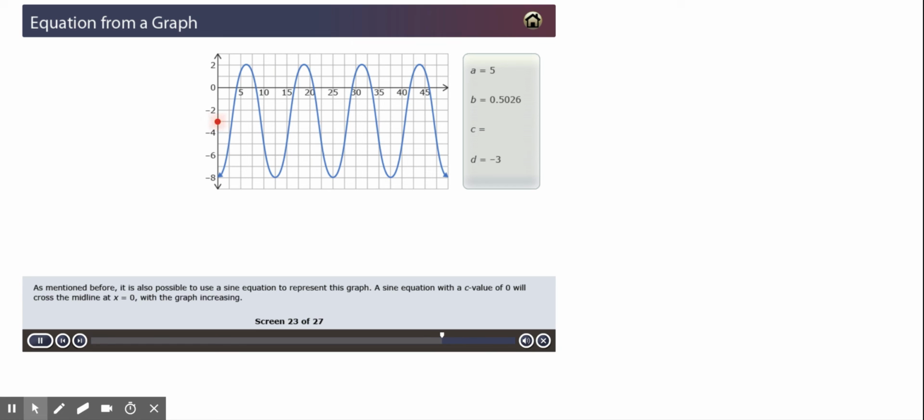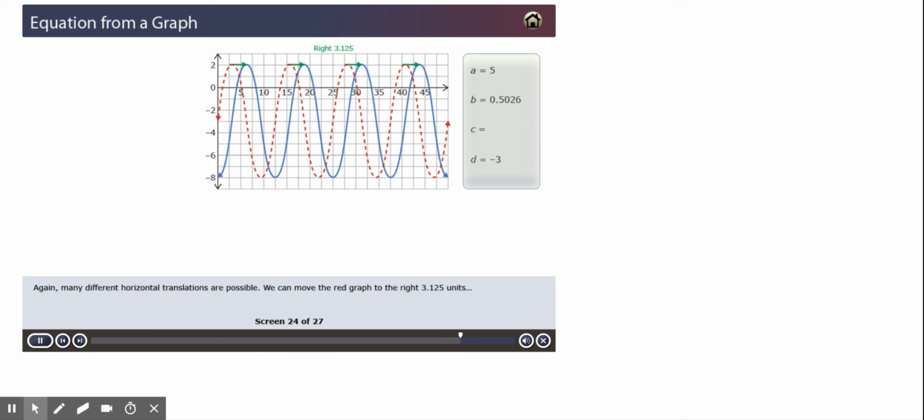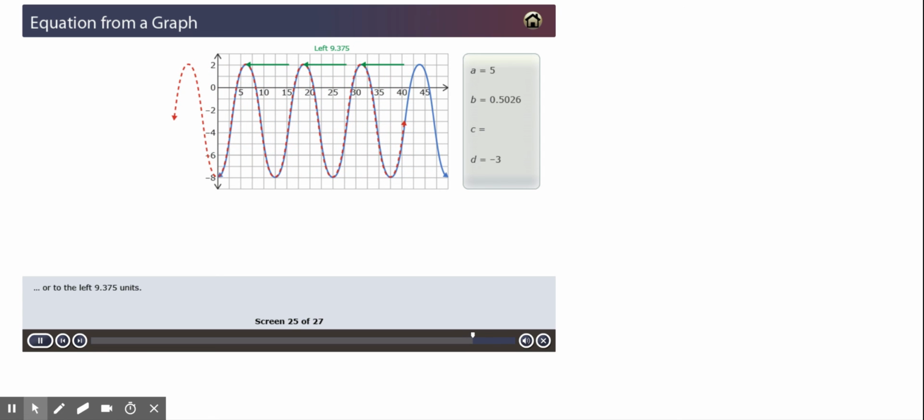As mentioned before, it is also possible to use a sine equation to represent this graph. A sine equation with a C value of 0 will cross the midline at x equals 0, with the graph increasing. Again, many different horizontal translations are possible. We can move the red graph to the right 3.125 units, or to the left 9.375 units.